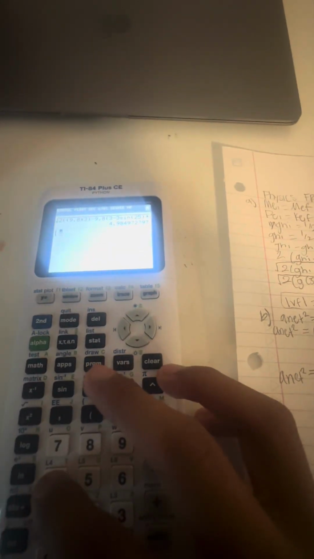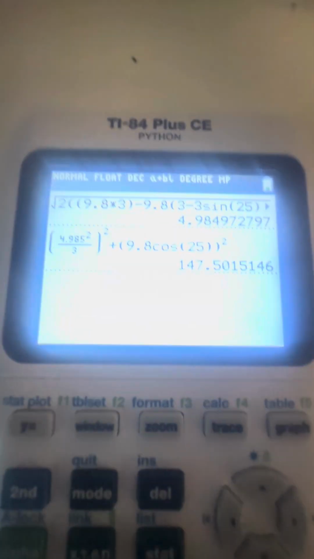Now we go ahead and plug it into our calculator. So 4.985 squared over 3, squared, plus 9.8 cosine 25, squared, gives us a total of 147.5.